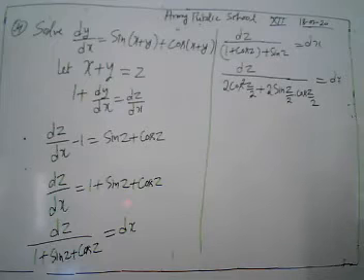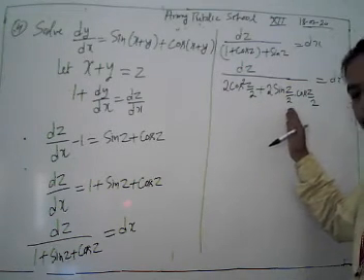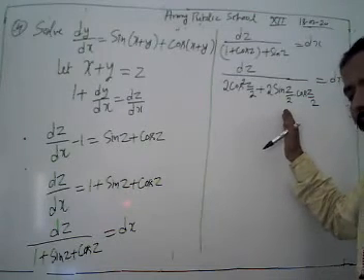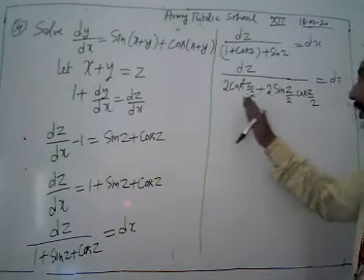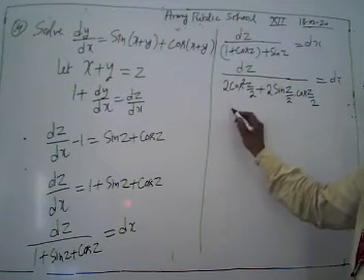Now look, after this we have an identity in cos and sin form. Now we divide both terms by cos square z by 2. Then take 2 common.